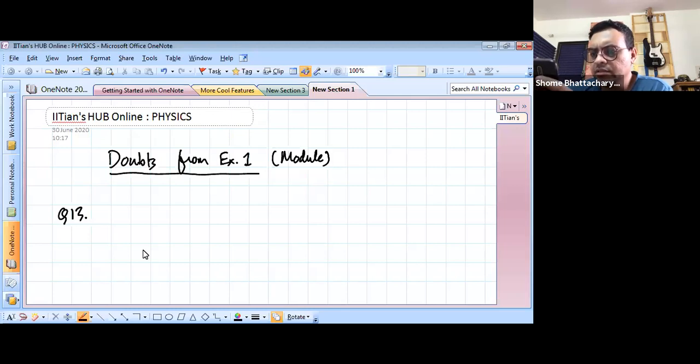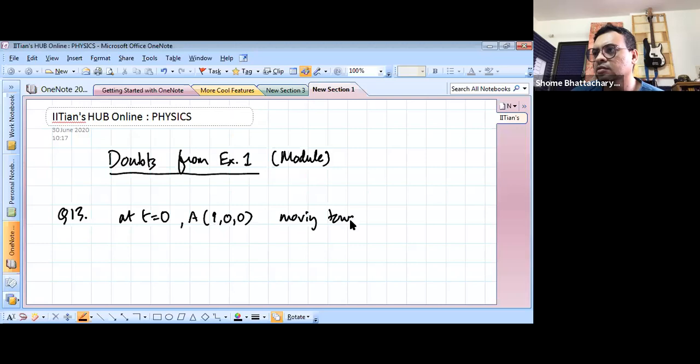All right, so question 13 of exercise 1. ये कह रहा है that a particle at t equal to 0, okay, it is at the position, let's say coordinates, of the point A, which is 1, 0, 0, and it is moving towards the point B, which is 4, 4, 12.